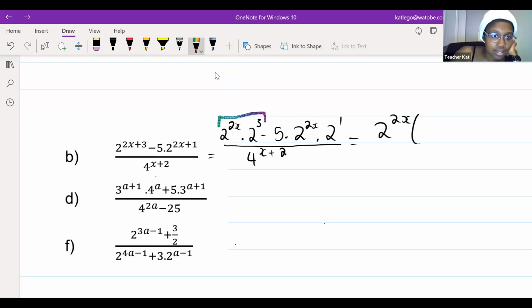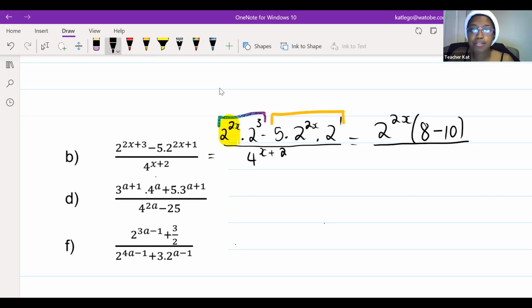If I take out this 2 to the power of 2x over here, what am I left with? Eight. Thank you. 2 to the power of 3, or if you're going to simplify it, you can just write it as an 8, minus what's left in my second term. What's left over here? As long as it's the 10, it's 5 times 2, which is indeed a 10 over.